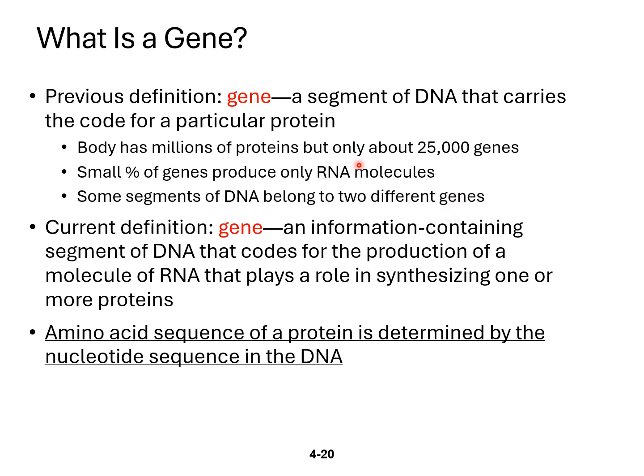That was what we previously thought in the 90s. Now we're looking at a gene as an information-containing segment of DNA that codes for production of molecules of RNA that play a role in synthesizing one or many proteins.